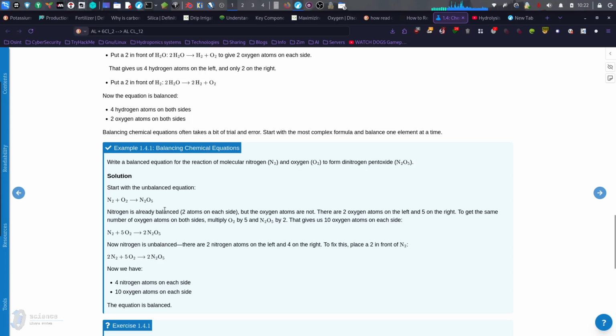Nitrogen is already balanced, but oxygen atoms are not. If we add this, why add it in here? Because this number affects nitrogen and oxygen.